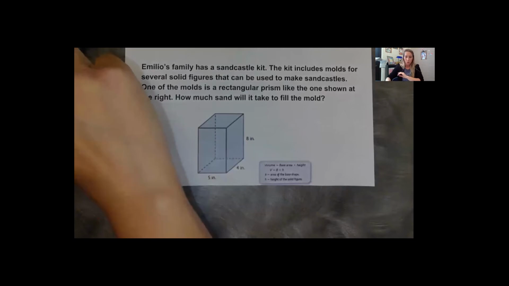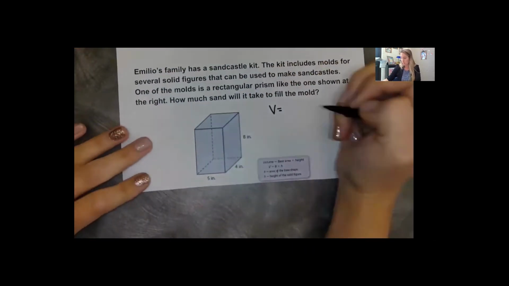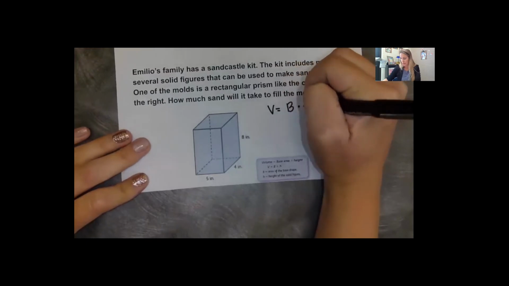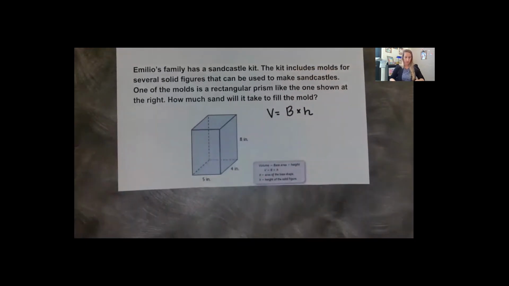For this problem, we're going to use volume equals base area times height. Well, do you remember how we find the base area? Excellent. I heard somebody say, Ms. Williamson, we find the base area by using the length and the width.